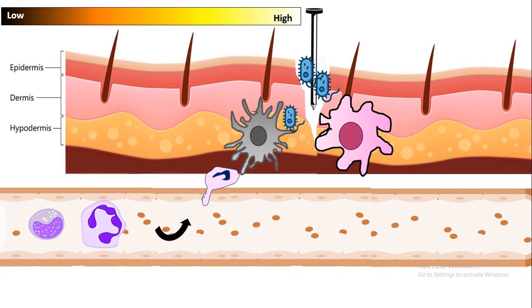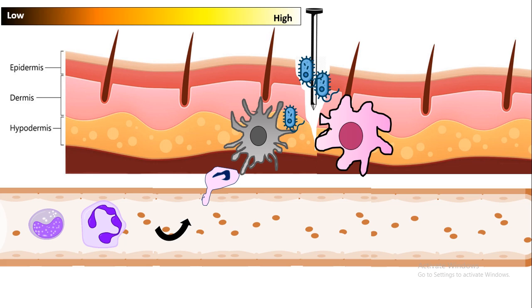Now, the chemokine family works like a chemical messenger and they form a chemical gradient. For example, here is an injury site and chemokines are secreted by several cells in this injury site, and the chemokine forms a high to low gradient from where the infection happens to a distant part.